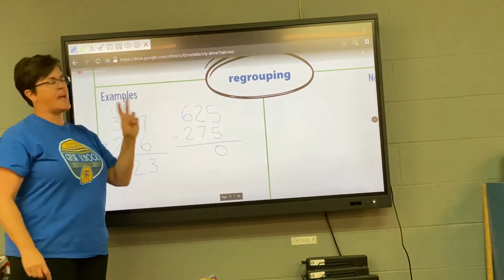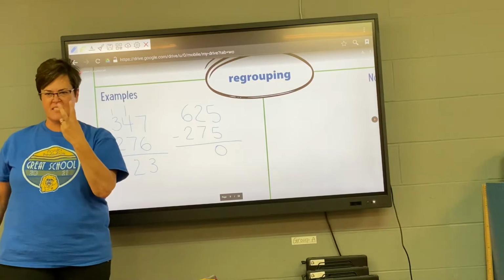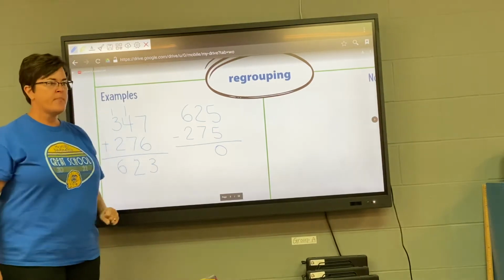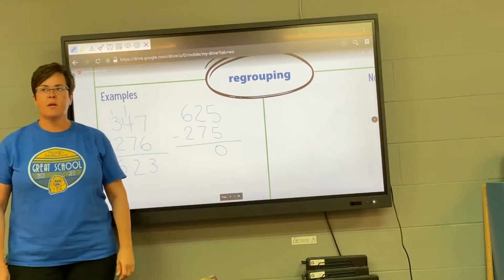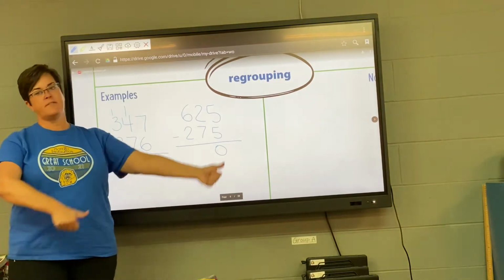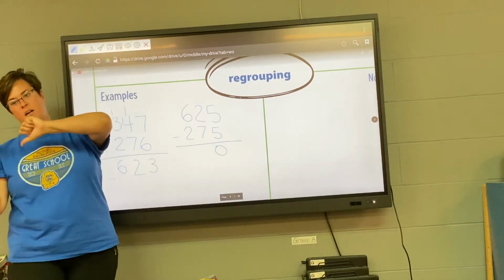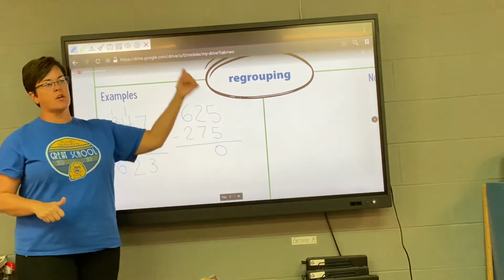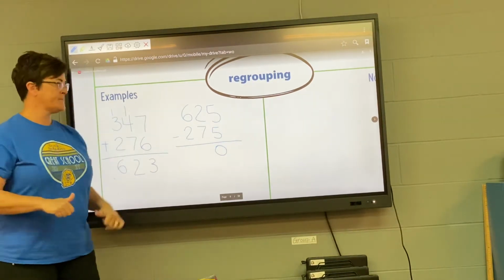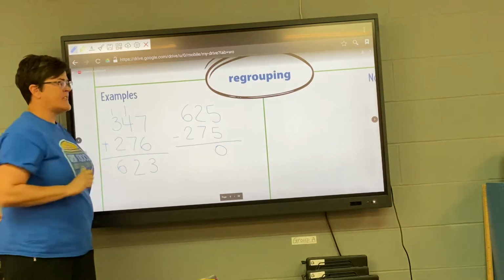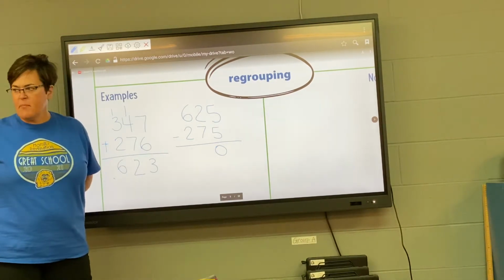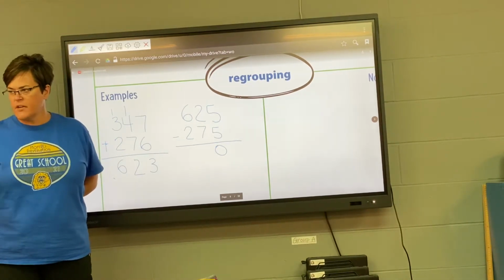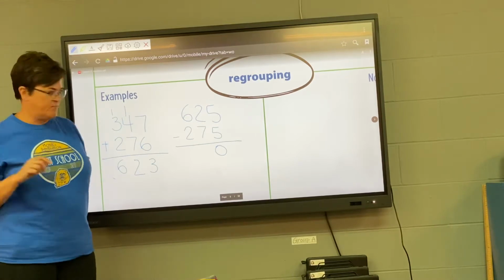If I have 2 tens, can I take away 7 tens? No. Remember, in standard algorithm, we have to go next door, borrow 10 more. So we're going next door to the hundreds place. I'm saying to 6, can I borrow one of your hundreds? Sure.